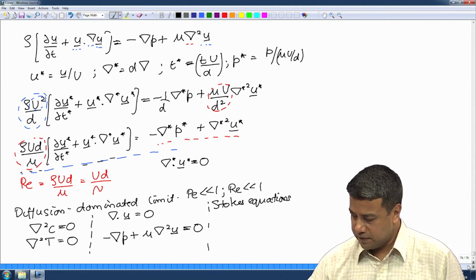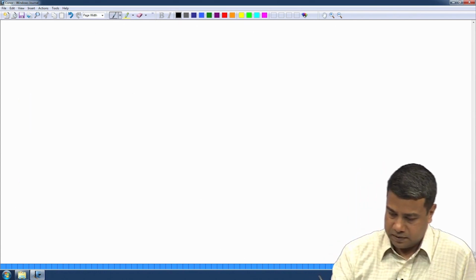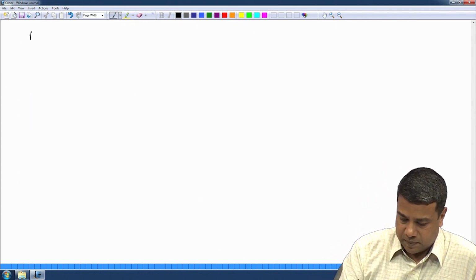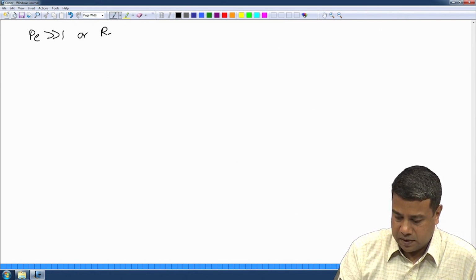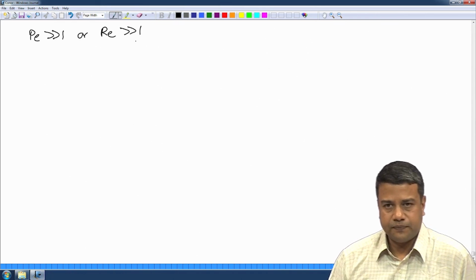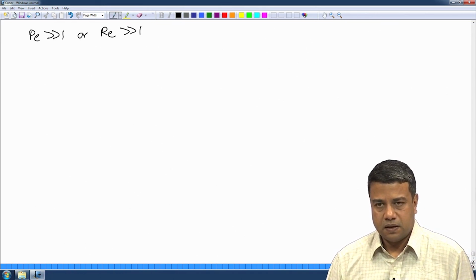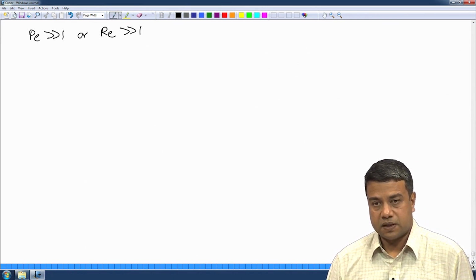In the limit where convection is dominant, when the Peclet number is large compared to 1 or Reynolds number is large compared to 1, I could divide the equation, for example, the concentration equation, throughout by the Peclet number.